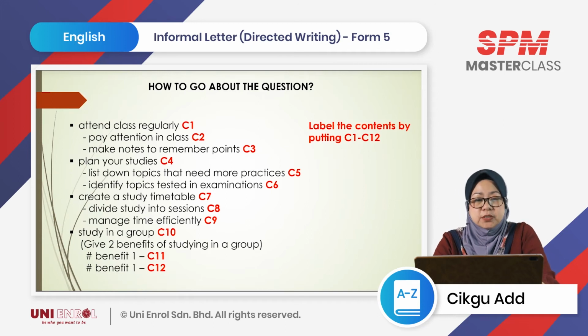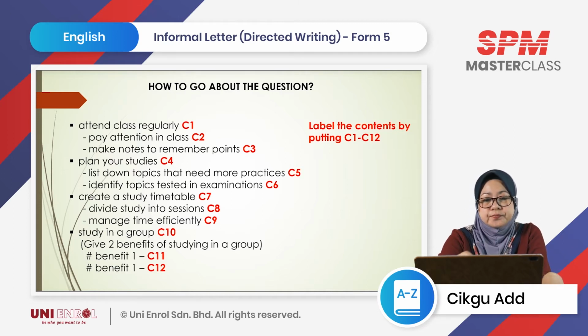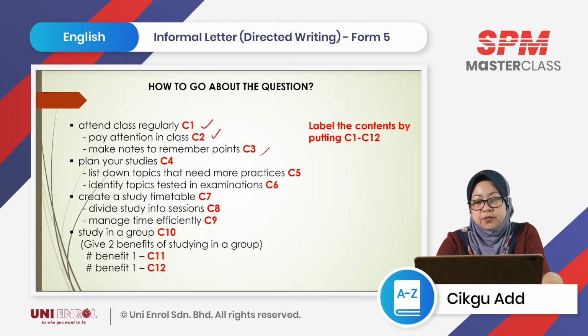When you go about the question, look at the content itself. When I say 12 contents, it means that the 12 contents are actually marks, and each content brings 1 mark. You have attend class regularly, which is C1. Pay attention in class, which is C2. Make notes to remember points, C3.